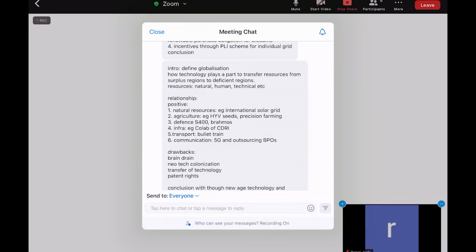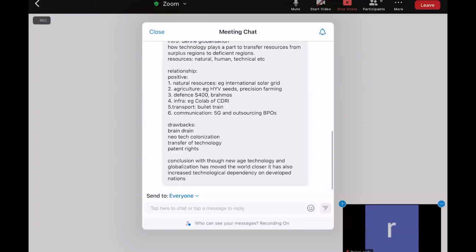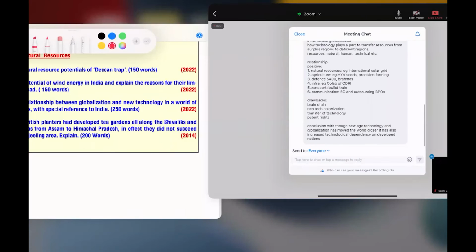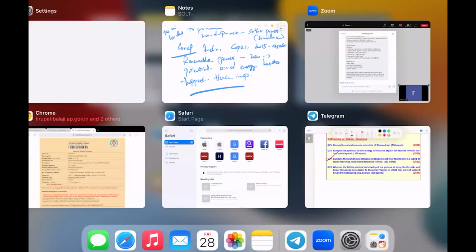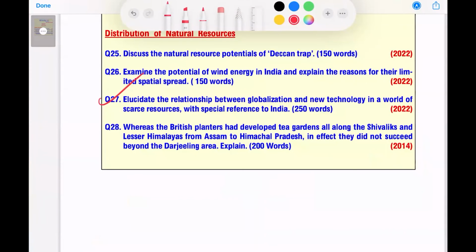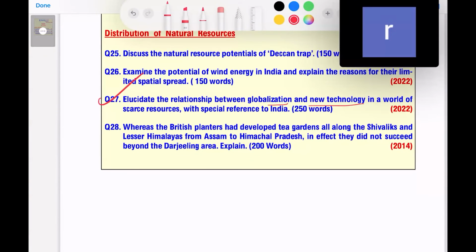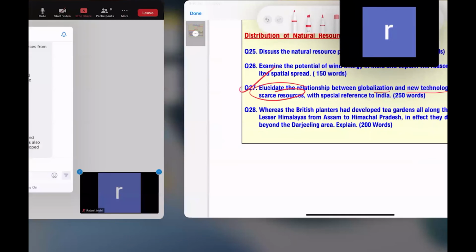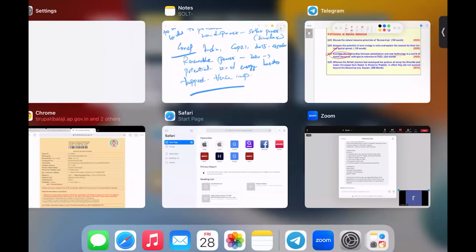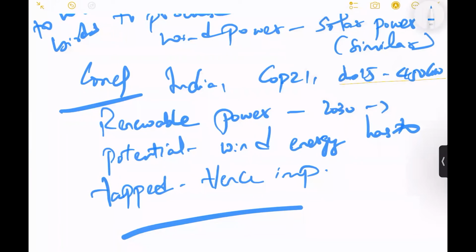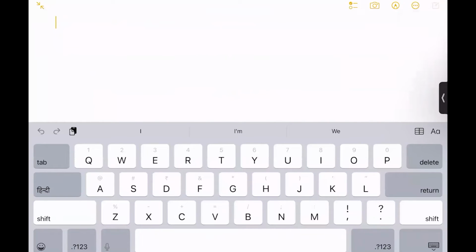Okay, so they are asking you, if you see the question again, the relationship between globalization and new technology in a world of scarce resources with special reference to India. Okay, fine. First, obviously for this, what will be the framework?